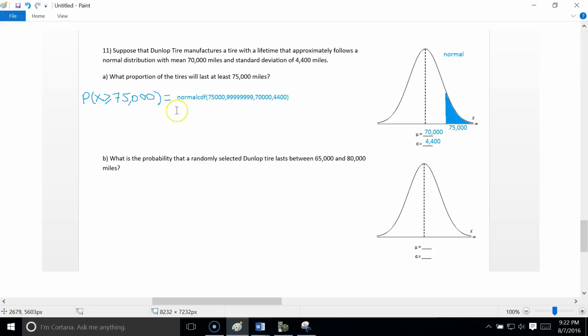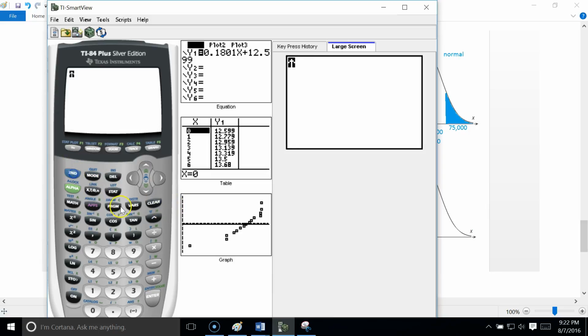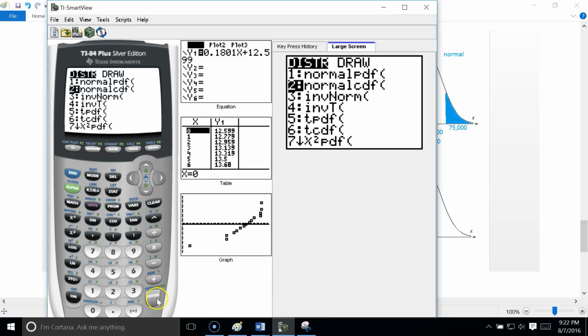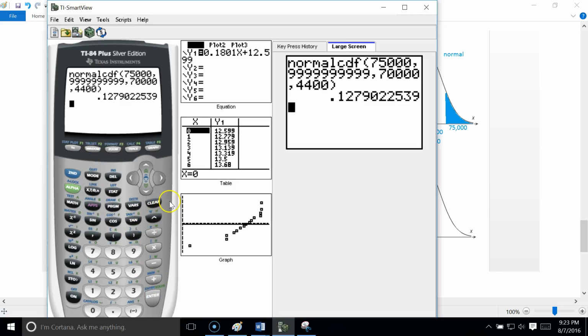So we punch that into our calculator and we're going to get approximately 0.1279.